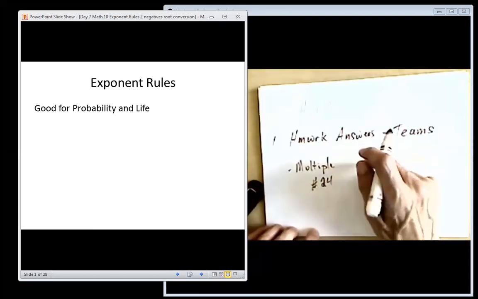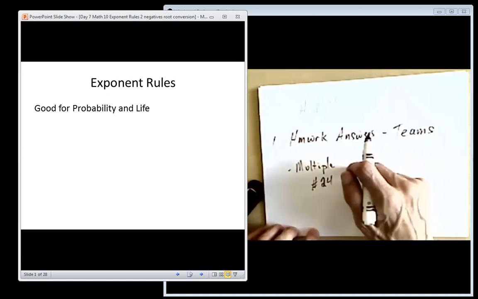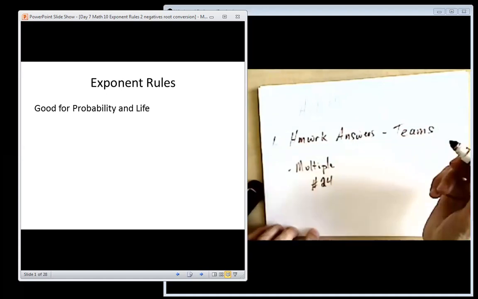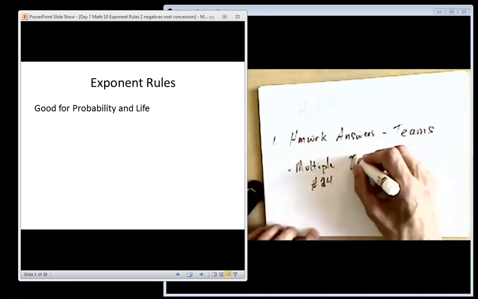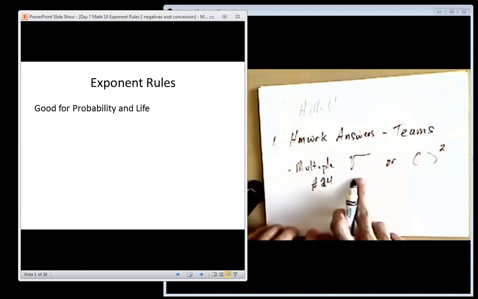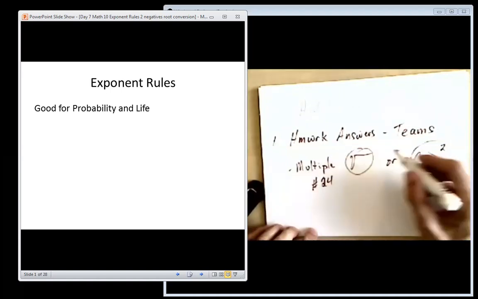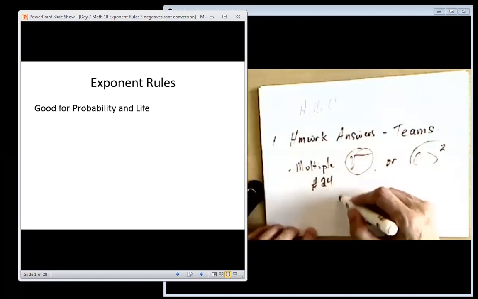I'll show you the new stuff and then we'll see. Multiplying what though? Radicals, exponents? No, the second one. Not square root. No, not this one. We'll come back to it.